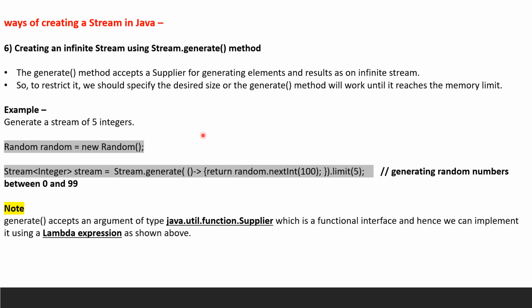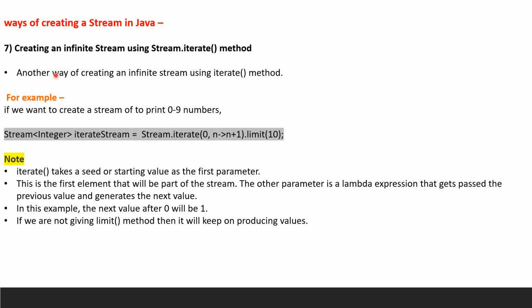So if you want to restrict it, or produce only a desired number of elements, we use the generate method over here. Hope this clears it up. Going to the next method: creating an infinite stream using the Stream.iterate method.